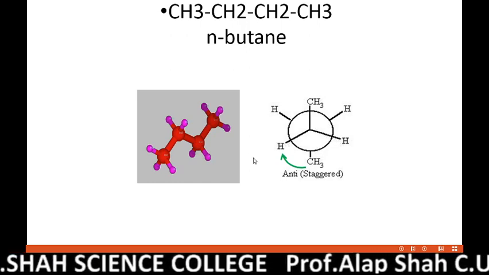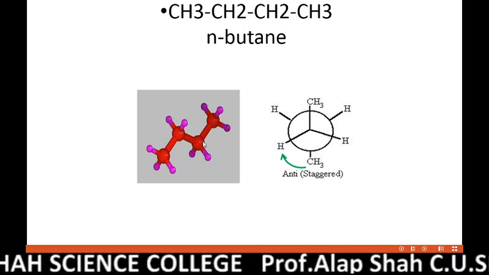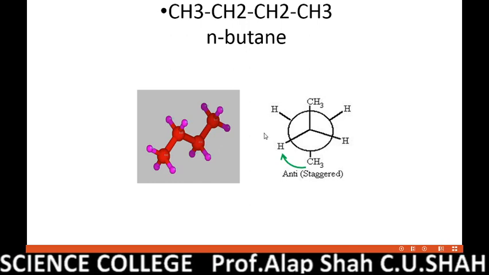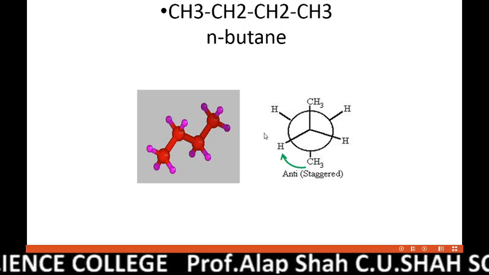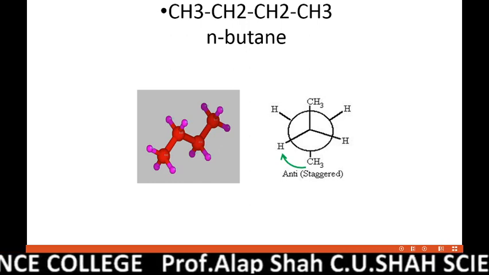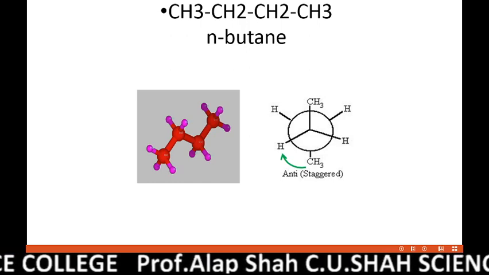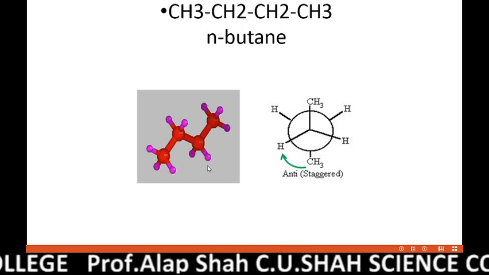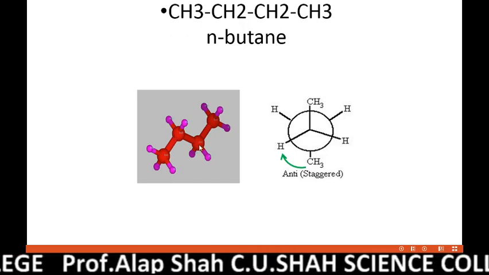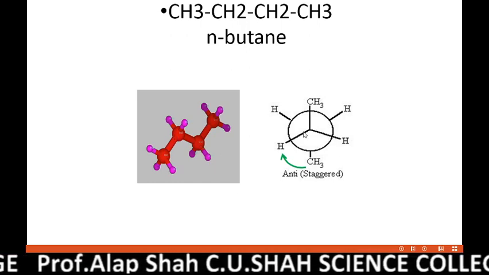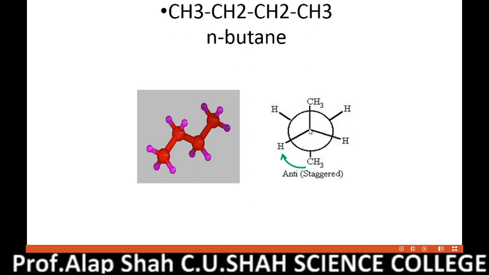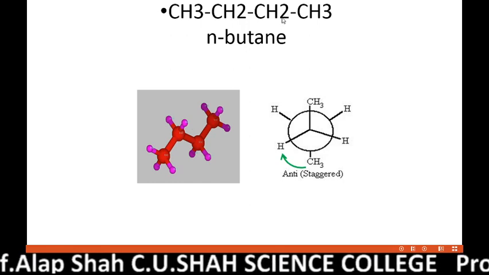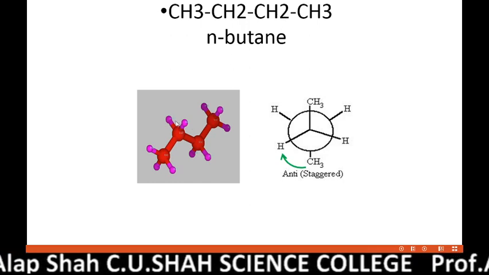So we are showing the first and second carbons as front carbons, and we know that in Newman projection, the bonds attached with the front carbon are written from the center of the circle. Now the third carbon is behind the second carbon, so we cannot see it. But with the third carbon, again CH2 is attached.